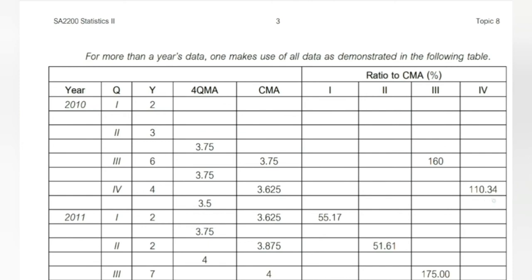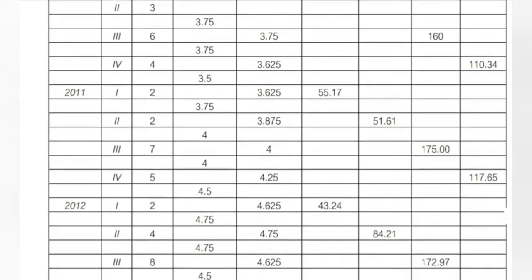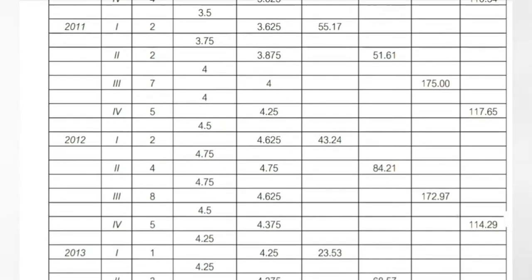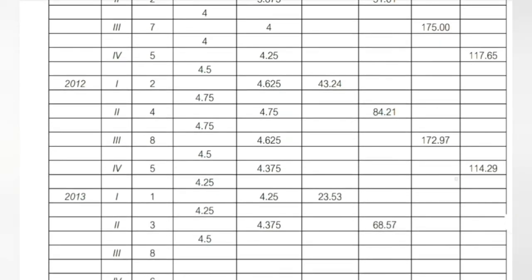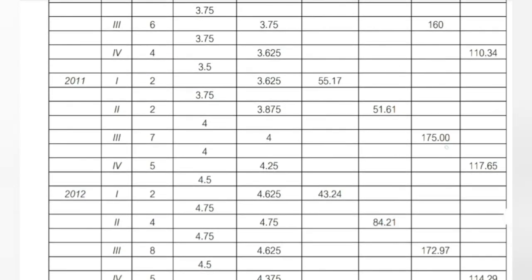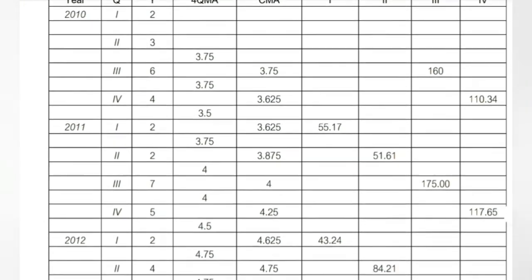We will cut here at 2 decimals. The next one, 2011 Y value 2, average value 3.625, 2 divided by 3.625 multiplied by 100. This is the quarter 1 index, 55.17, and so on. You compute all possible indexes, you get 3 for each of the 4 seasons.